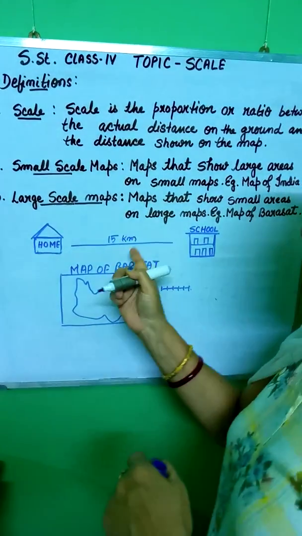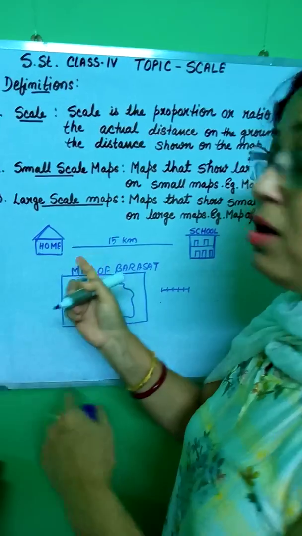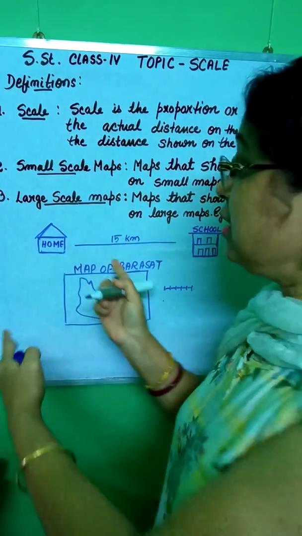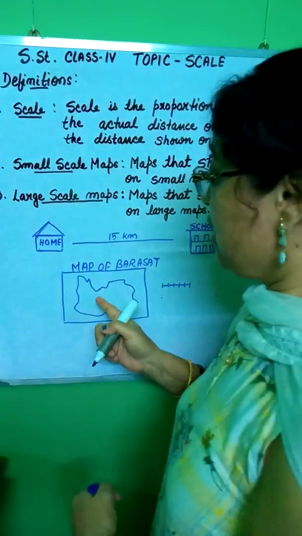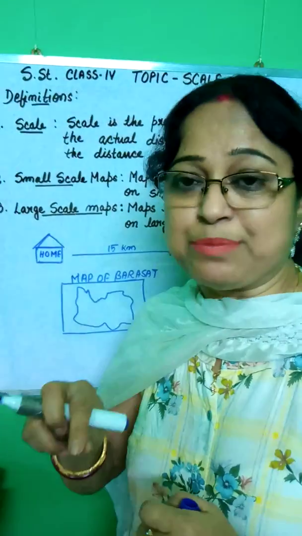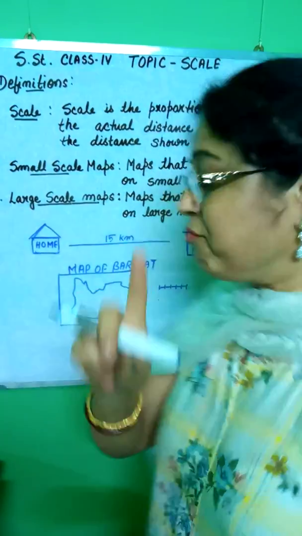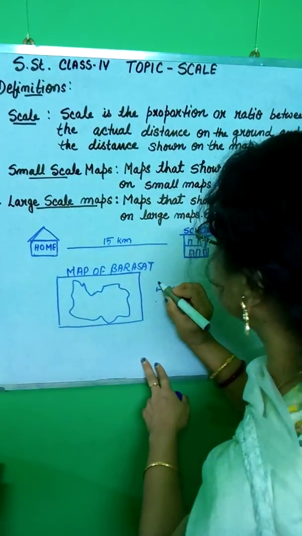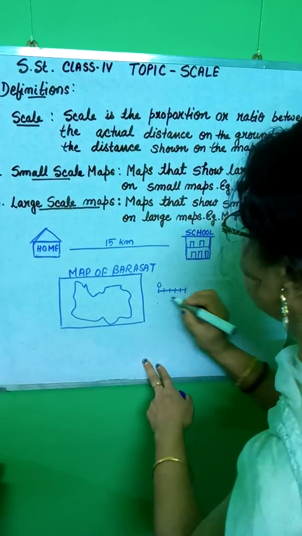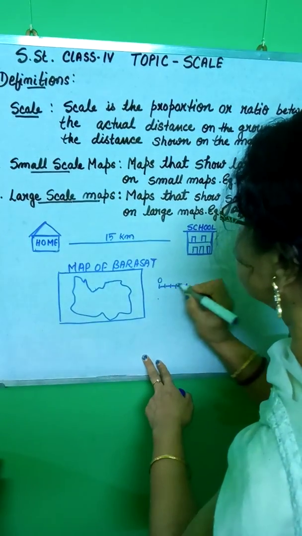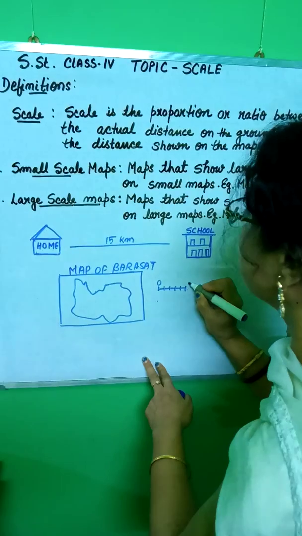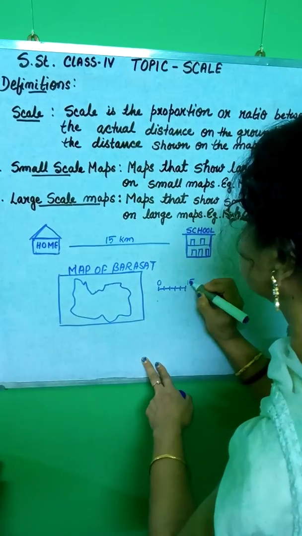We will take kilometers here, the actual kilometers shown on the ground. We will take centimeters on the map. For centimeters, we will give 0. Then second, here we will write 15 kilometers.